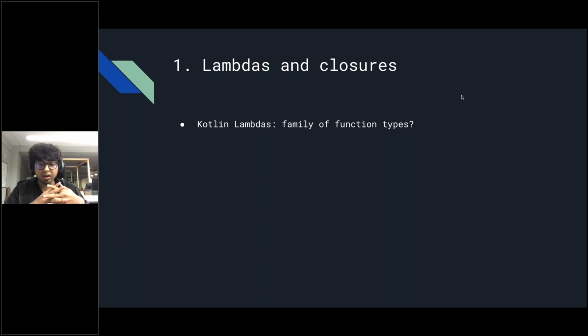The way lambdas in Kotlin are implemented is using a family of function types. What I mean is that Kotlin somewhere in its source code has interfaces named Function0, Function1, Function2, up to Function32 if I'm not wrong, based on the number of arguments a function can hold.